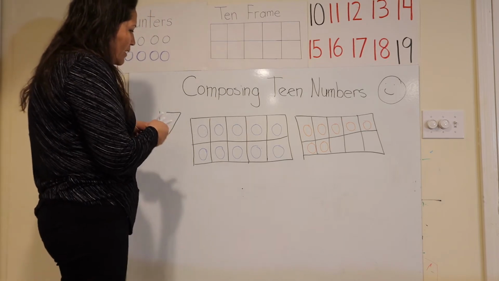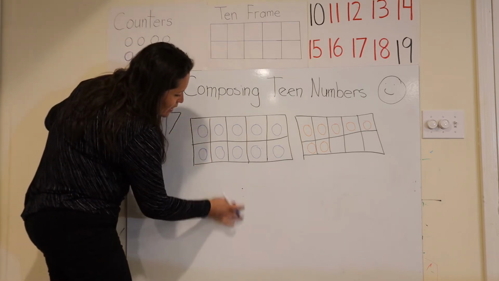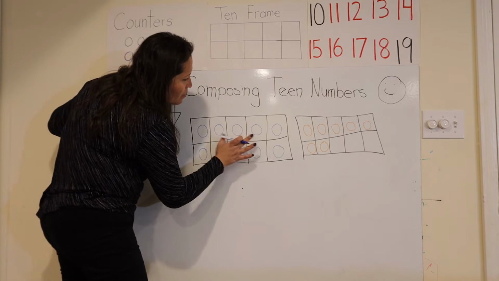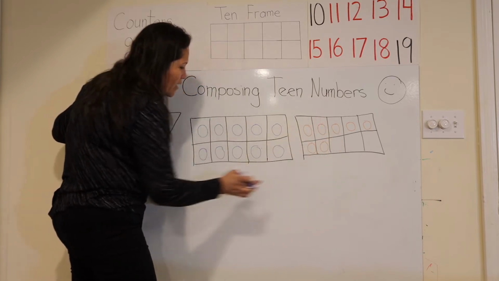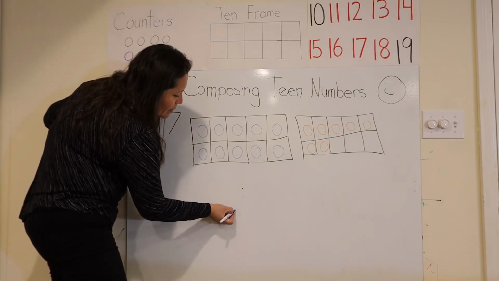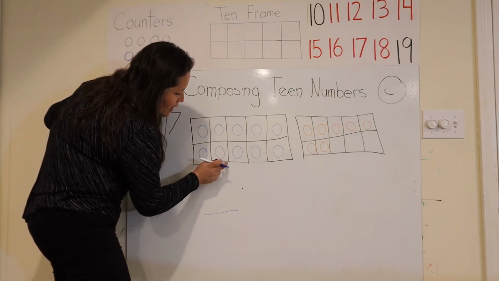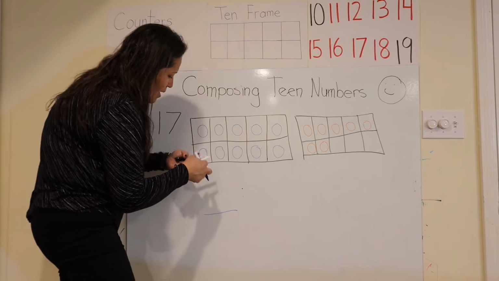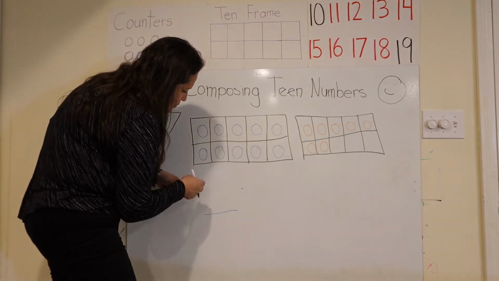So now I need to write my equation, right? I'm going to say this frame plus this frame has to give me 17. So I'm going to make this line for this frame. Then I'm going to make my plus.